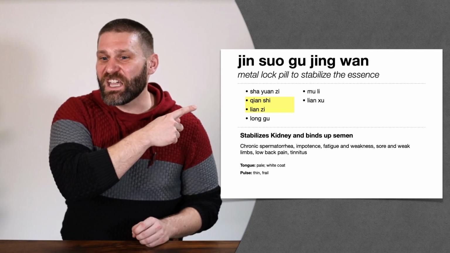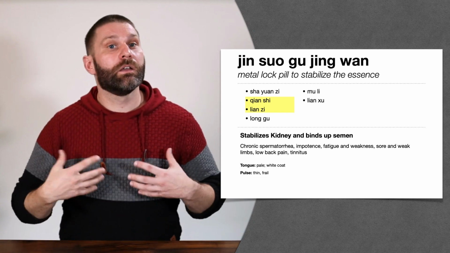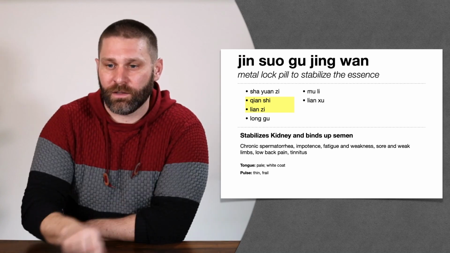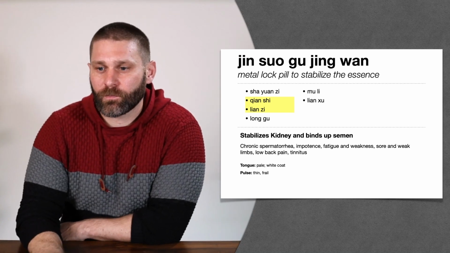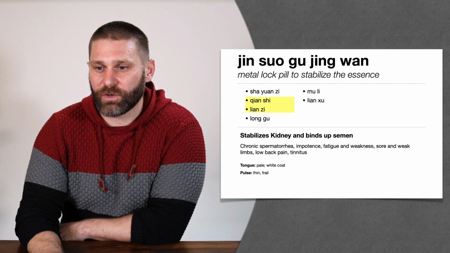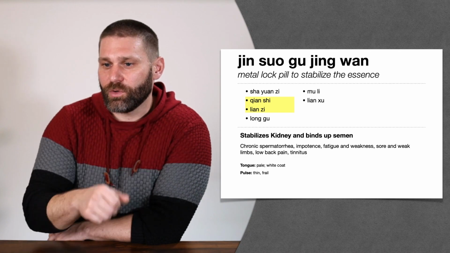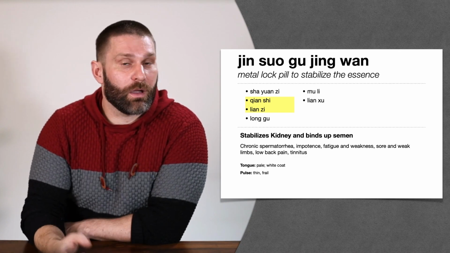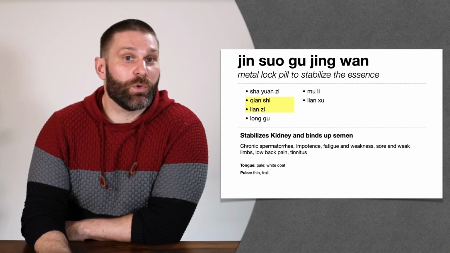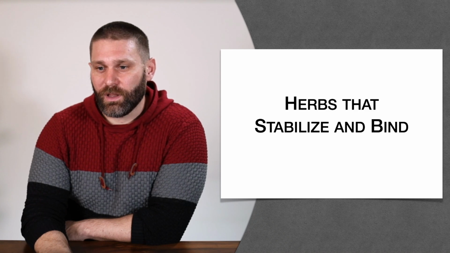But then we use Qianshi and Lianzi to induce astringency to hold in the chronic spermatorrhea. So again, we're using some herbs to treat the root, and then we're using astringent herbs to treat the branch. Longgu and Muli, we'll learn those in the next category, but they also have an action of inducing astringency. And so those are just some formulas that we use to stabilize and bind.